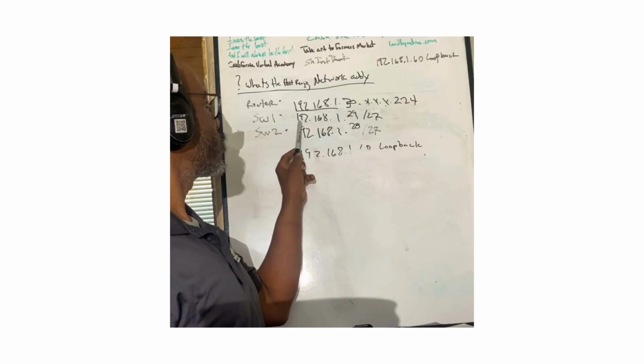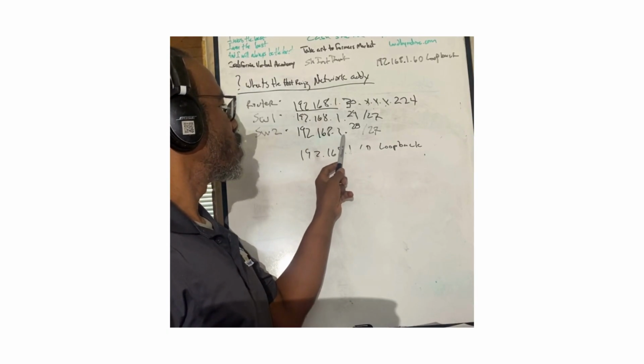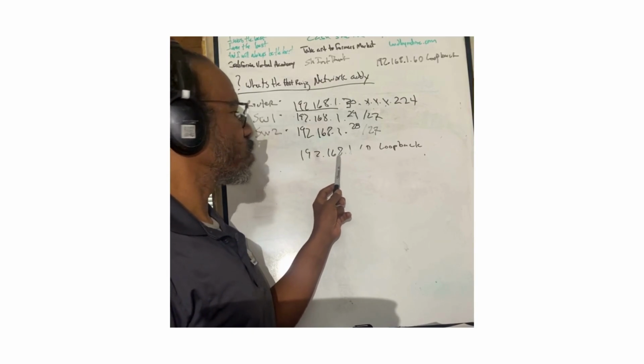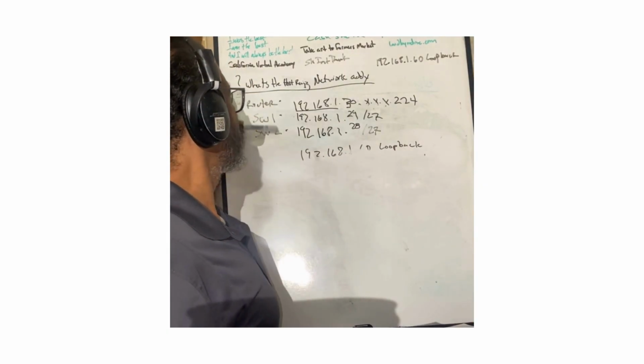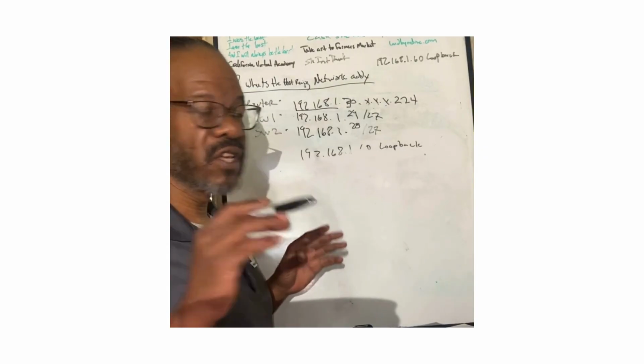For switch 1, we use 192.168.1.29. Switch 2, we use 1.28. And for the loopback, we use 192.168.1.60. So the question is, what's the host range that these IP addresses live on?